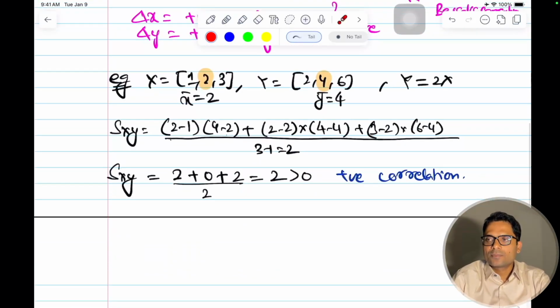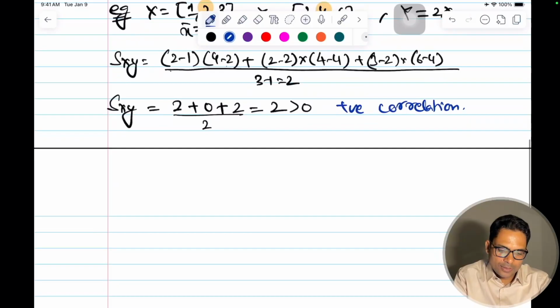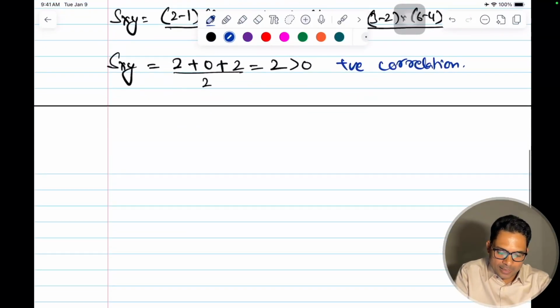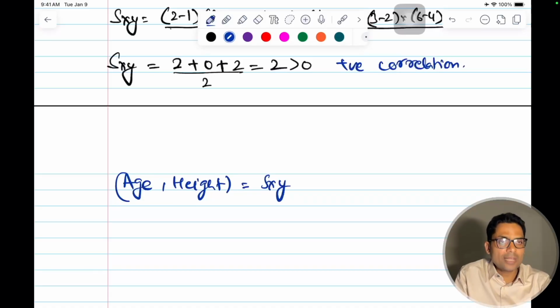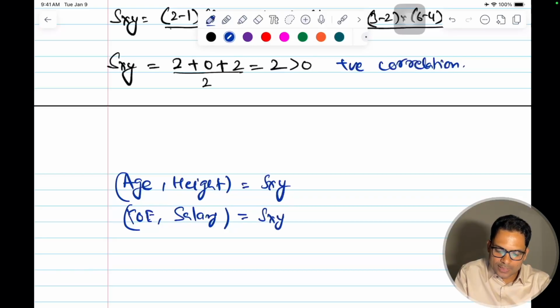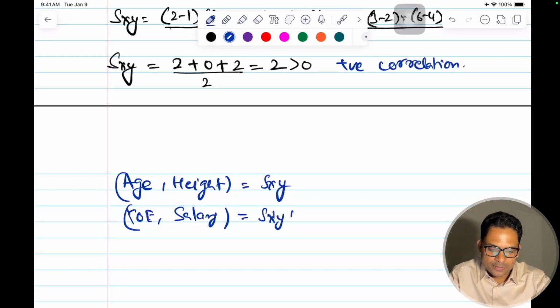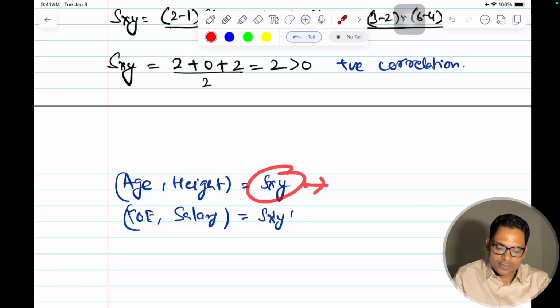If you want to compare two different data sets, say one gives me the covariance of age and height, so I'll get some covariance xy, and another gives years of experience and salary, which will be another covariance, x dash y dash, the units will be different.